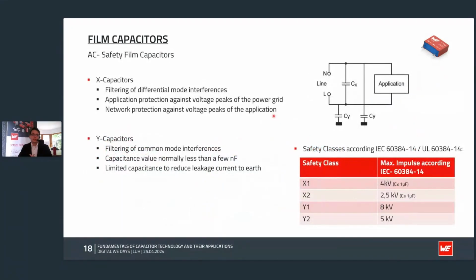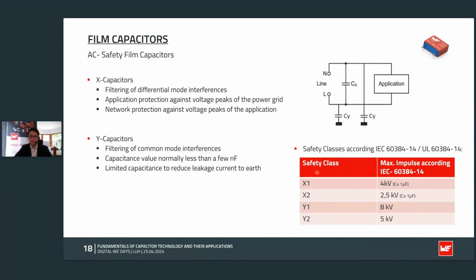So let's talk a little bit more about the safety part of the film capacitors. X capacitors are normally placed between line and neutral, and they are especially designed for filtering of differential mode interferences. Y capacitors are connected between line and earth and neutral and earth, and these are designed to filter common mode interferences.